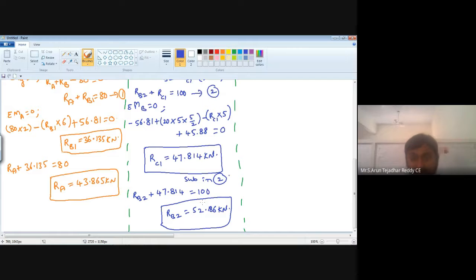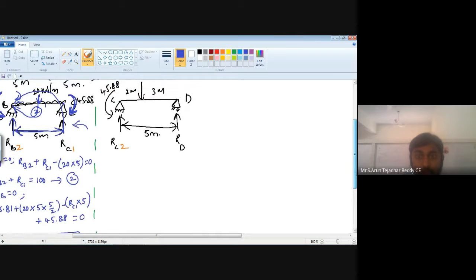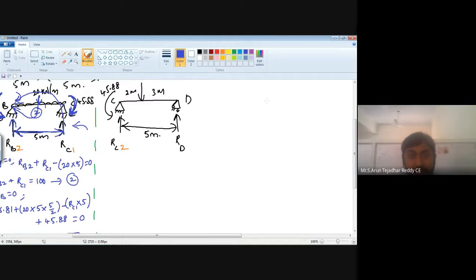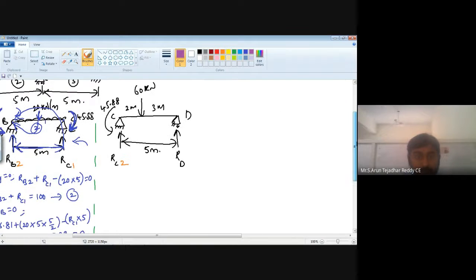Now, finally, what about the last span? That is C2D. Here also the same concept, apply the equation of equilibrium, that is summation of vertical force is equal to 0.